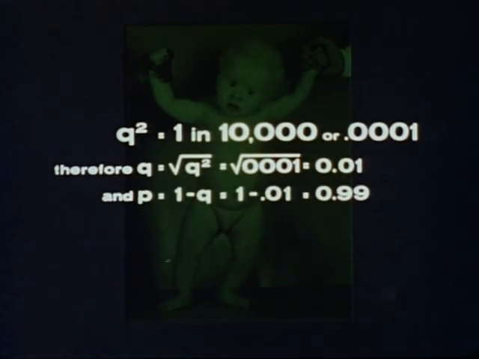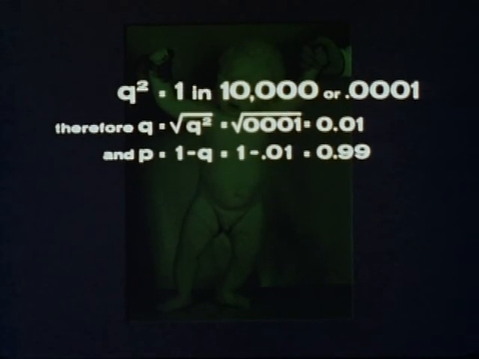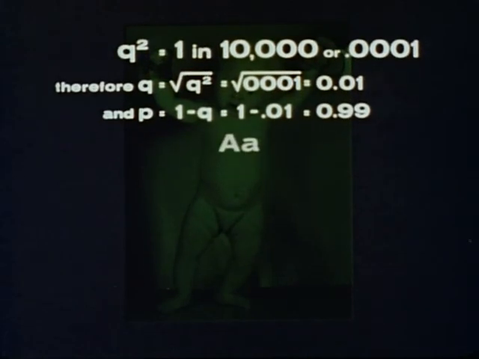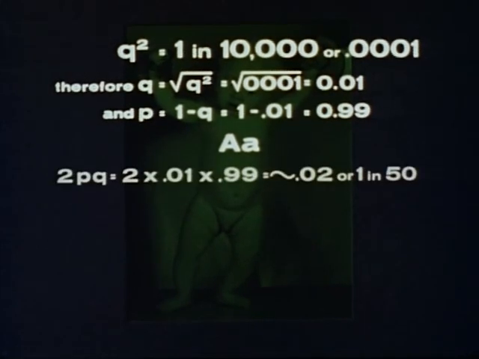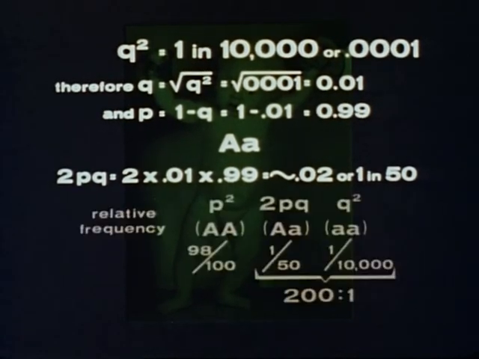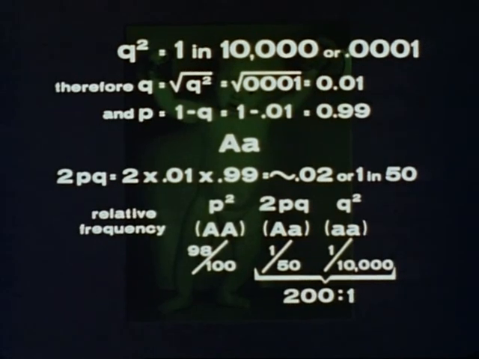The frequency of the dominant allele A is 1 minus 0.01, or 0.99. Note that the number of heterozygous carriers, big A, little a, can then be estimated. This value, 2PQ, is 2 times 0.01 times 0.99, or about 0.02. One person in about 50 carries the gene for albinism. The relatively high frequency of carriers of recessive traits, as compared with affected, is demonstrated.